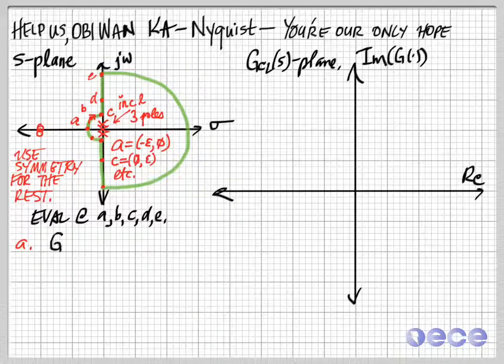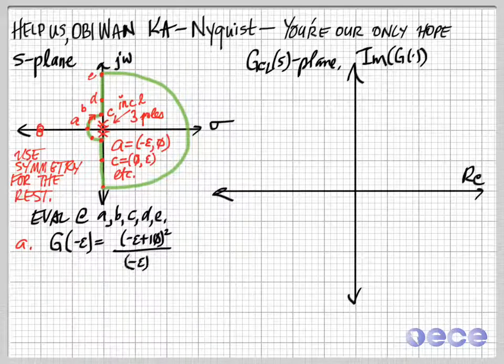So let's go ahead and evaluate A. What is G at minus epsilon? Well, 10 plus minus epsilon is basically 10. And so we're taking away a really small number from 10 and squaring it, so that's going to be about 100. And then we're dividing by the negative of a really small number.